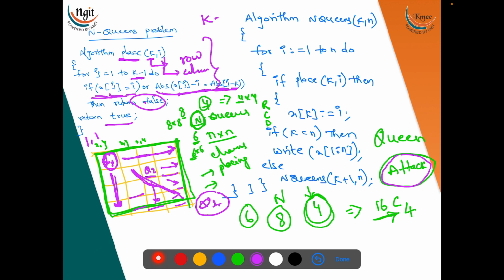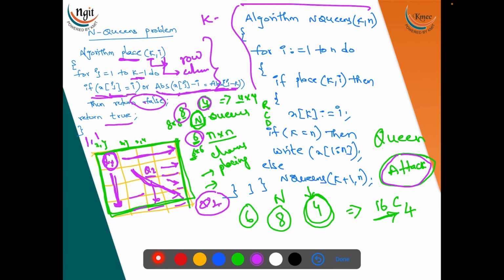Now let's see how n queens will work. Algorithm place(k, i). Here, place is a function that returns true if a queen can be placed in the kth row and ith column, as we just discussed. This n queens algorithm is the solution for all types of n queens problems, whether 4 queen, 8 queen, or 6 queen.